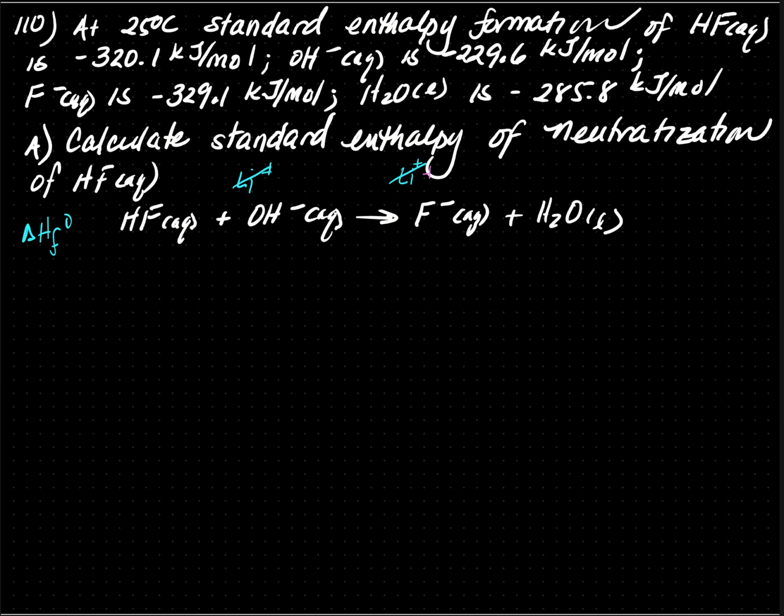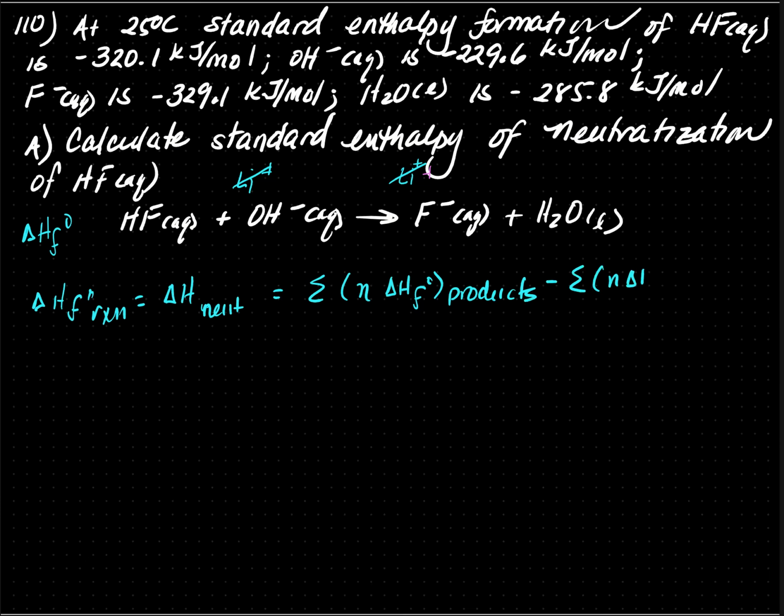We could rewrite this as delta HF naught reaction, or since it's a neutralization, this can also be delta H neutralization reaction. This will still be the summation of the moles times the delta HF naught of the products minus the summation of the moles times delta HF naught of the reactants.